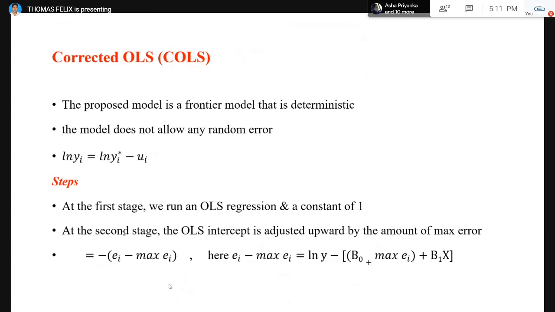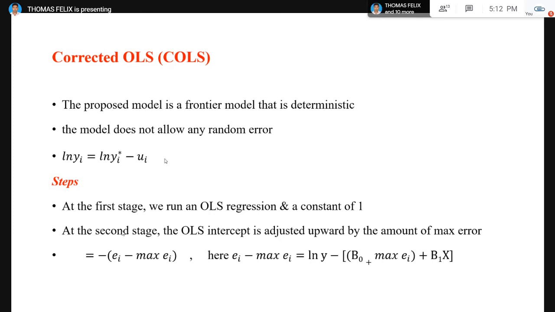But here are some limitations. As I said earlier, the error is classified into two components: one is random error, another one is inefficiency error. But in this case, it assumes that only inefficiency errors are occurring, so there is no random error.